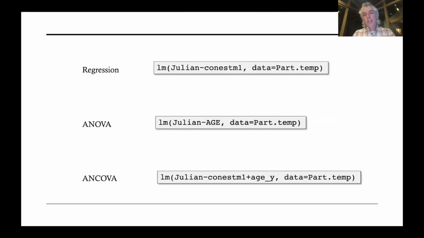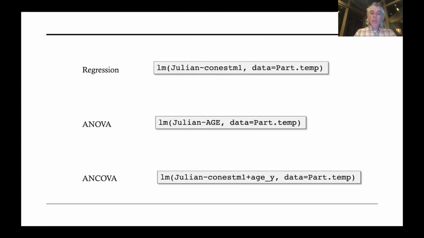categorical or continuous predictors. So all three of these are general linear models that we've talked about already in this video. In the first case, we've got a simple linear regression where we're predicting the Julian date on which females bred by the availability of food. And we use the linear model or lm command in R to specify that this is a general linear model.